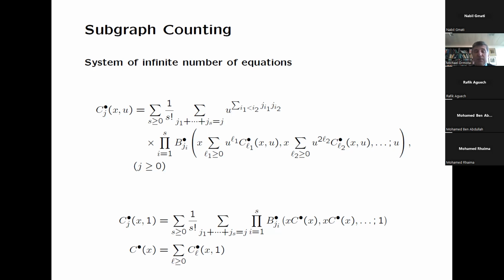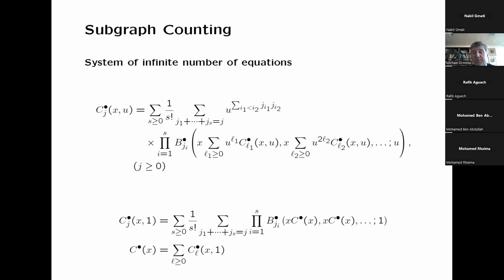And here we really have to do it for infinitely many cases. And here we see why we have infinitely many cases, because we have to distinguish between the degree of the root vertex, of this marked vertex. So there are infinitely many cases, and this J really gets into play as we look into the equations, and so this cannot be avoided.